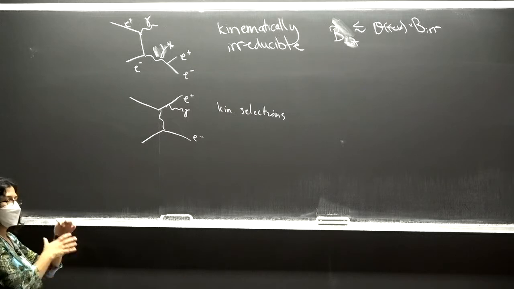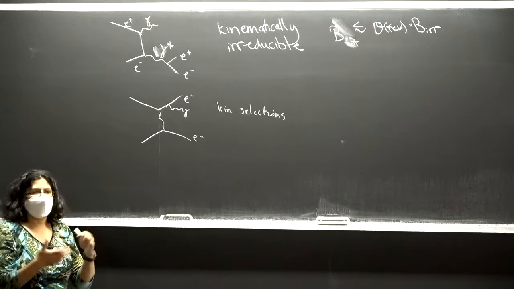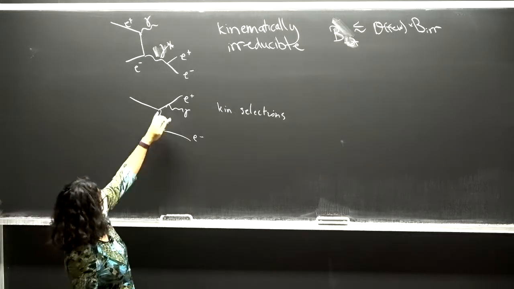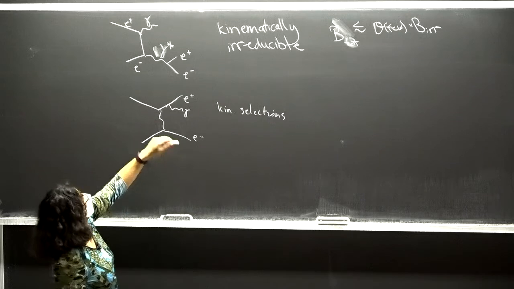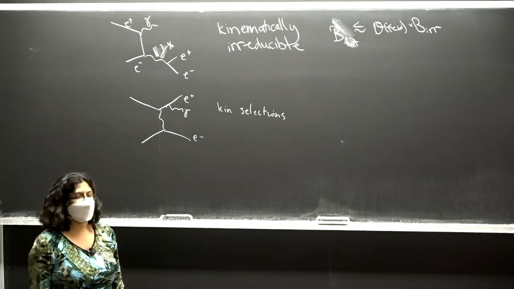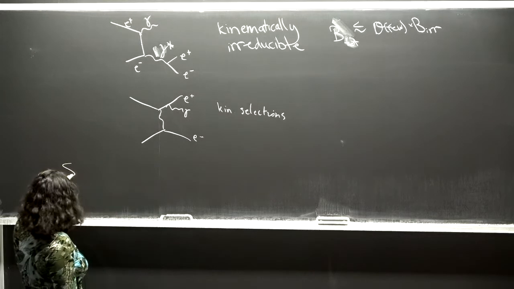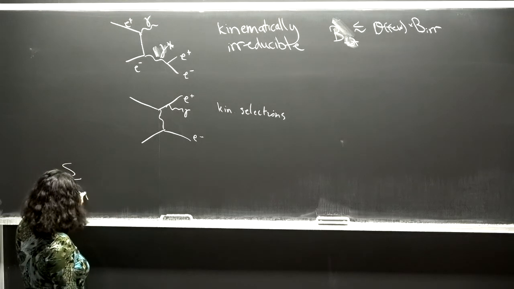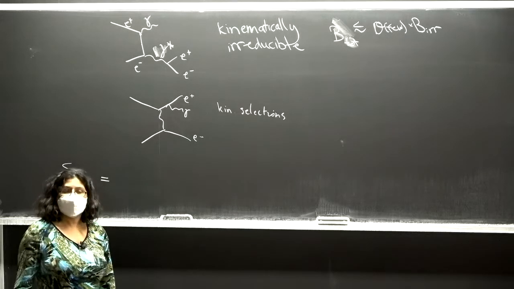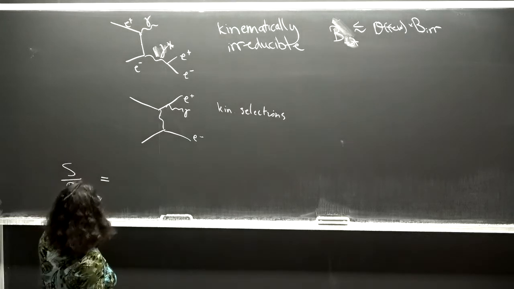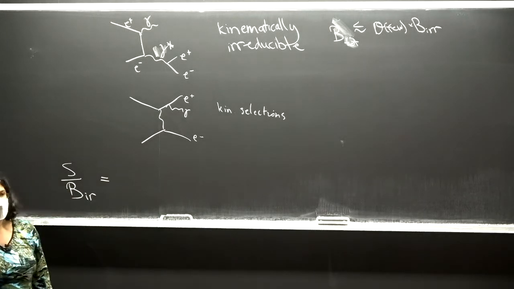But once you go to kinematics that doesn't have any large kinematic ratios, if everything else has the same coupling counting, it's only going to enhance the background by a few relative to this one diagram, which is this irreducible background estimate. And it turns out that the signal over irreducible background is something that we can calculate pretty straightforwardly, because it's literally the same diagram. The only difference is the propagators.